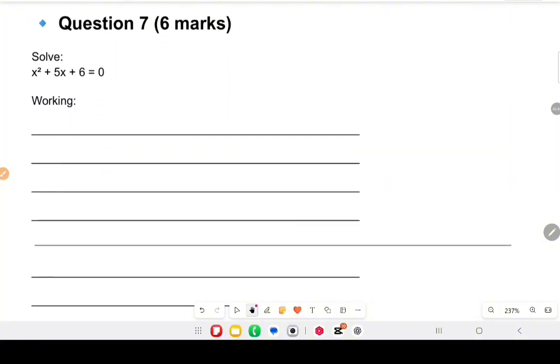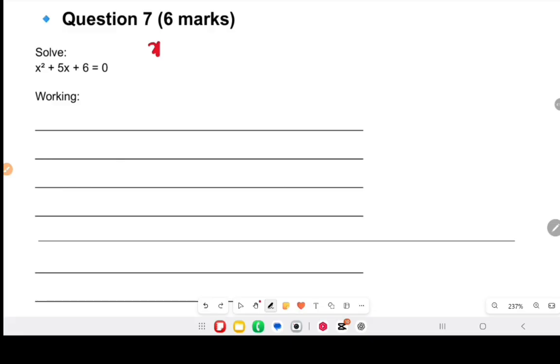Question 7, solve x squared plus 5x plus 6 equal to 0. This is a quadratic equation. We can use the formula method or factorization method. In this case, we write down x squared plus 5x plus 6 equal to 0.